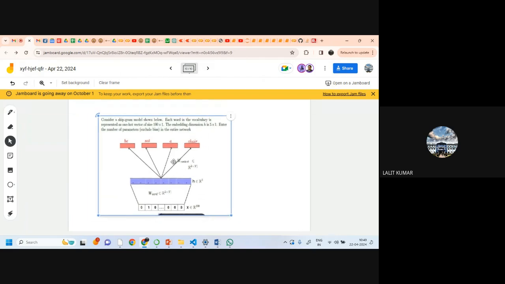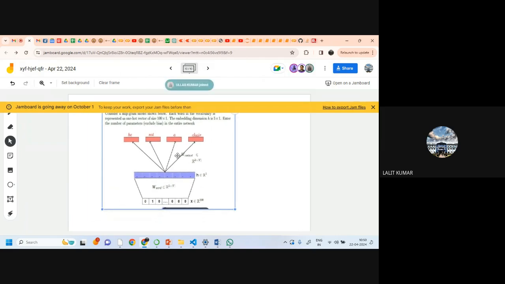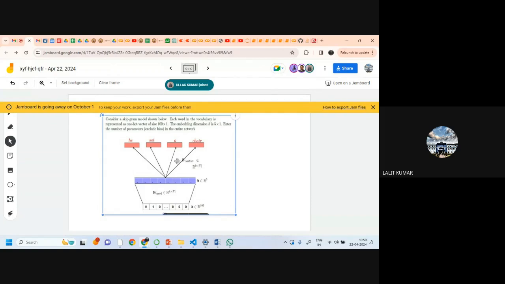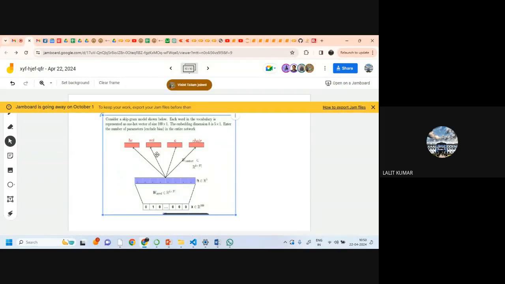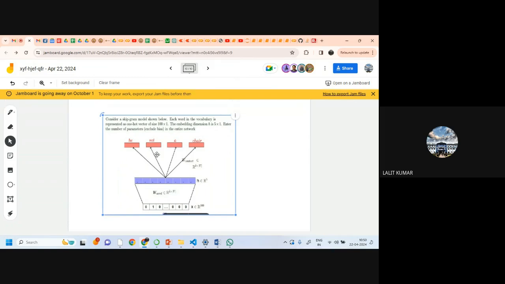Just to understand the continuous bag of words and the skip gram. In continuous bag of words, what do we feed? We feed the context. For example, 4 words, and then we maximize the probability of the word which should be there in the output.